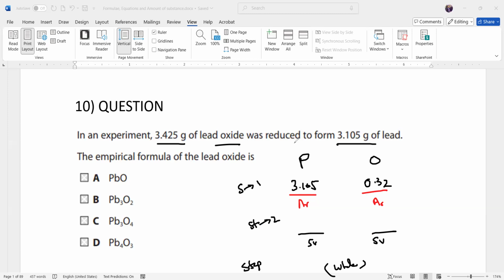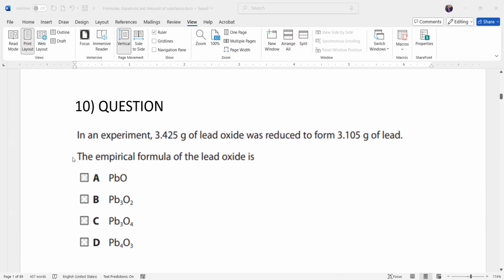And if it is 1.5, 2.5, 3.5, what do we do? We multiply all of them by 2. So this we will solve. And once you solve, your final answer should be C, Pb3O4.